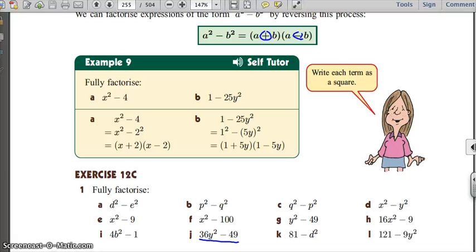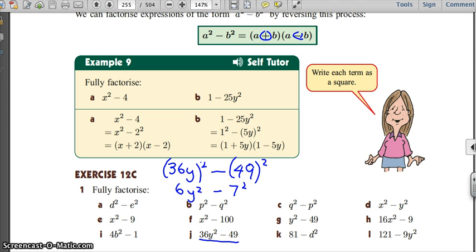Wouldn't it be 6y squared? Good. So what you're trying to do is that 36y is all squared, and the 49 all squared, which when we square root them, what do we end up with? 6y and 7 squared. Now we've got it in the format of A and B, but they're all squared.